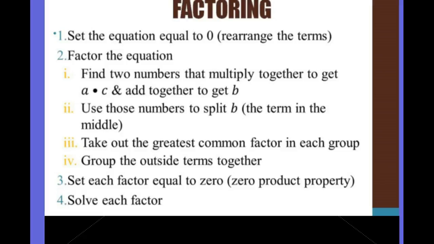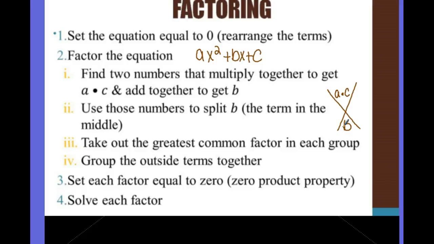Then we factor the equation, and we factor it using that magic X technique, where you put the first and the last numbers multiplied together. So in standard form, you have ax squared plus bx plus c. You take the first and the last number, multiply them together, and they have to add up to the middle number.